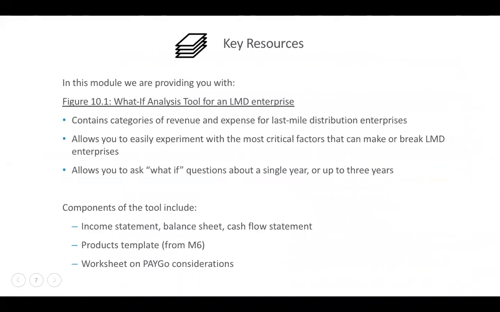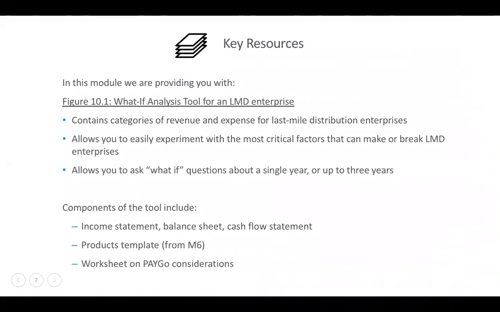The main resource that we are providing you in this module is Figure 10.1, a what-if analysis tool for a last-mile distribution enterprise. We've built this tool so that it contains categories of revenue and expense for last-mile distribution enterprises, so that it allows you to easily experiment with the most critical factors that can make or break LMD enterprises, and so that it allows you to ask what-if questions about a single year or up to 3 years.